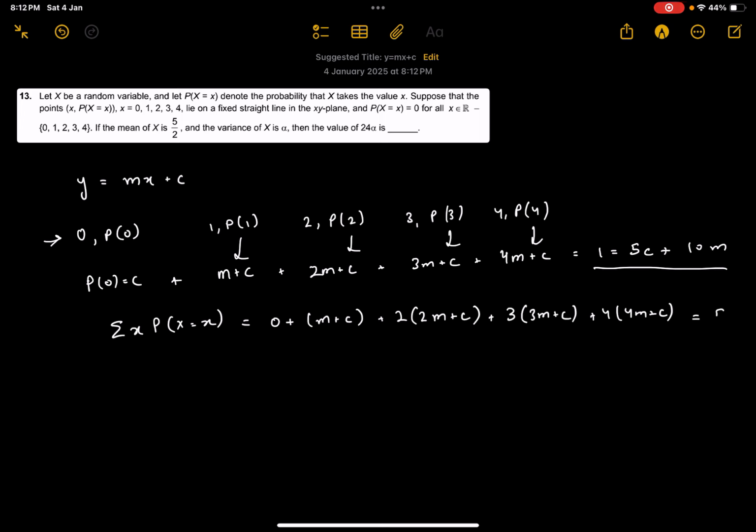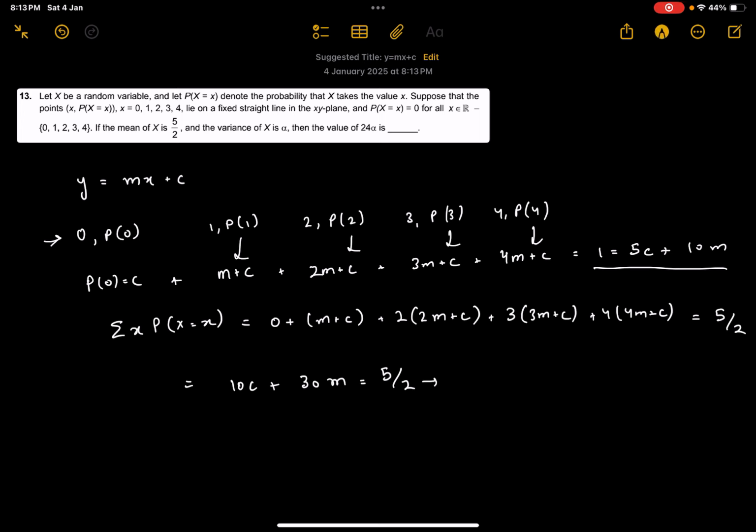This equals 5 by 2. Adding up, c plus 2c is 3c, plus 3c is 6c, plus 4c is 10c, and m plus 4m is 5m, plus 9m is 14m, plus 16m is 30m, equals 5 by 2.